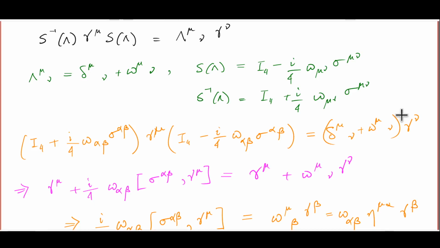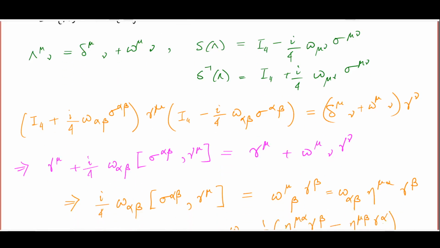So it is now easy to see that the commutator of sigma alpha beta and gamma mu can be written in terms of the gamma betas. In particular, we have i by 4 omega alpha beta times the commutator of sigma alpha beta with gamma mu equals omega mu nu gamma nu, which I have deliberately written as omega mu beta gamma beta.